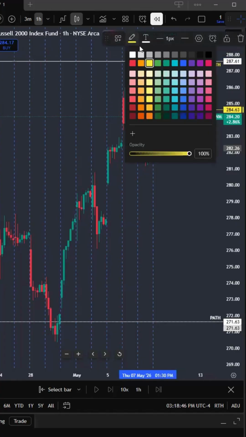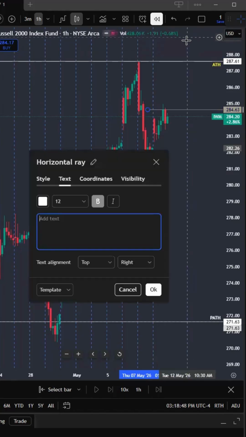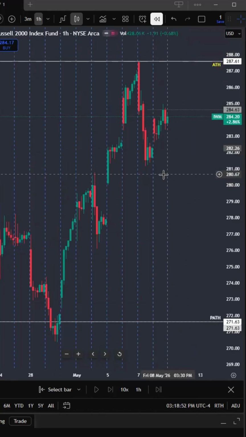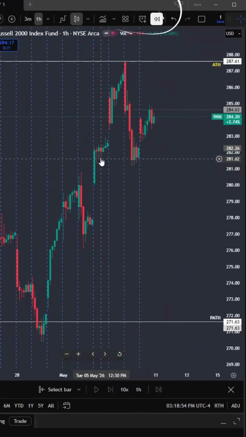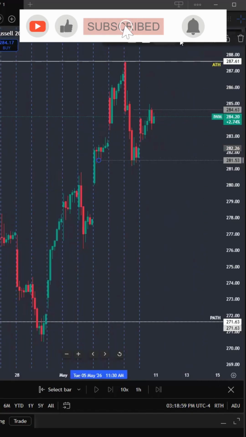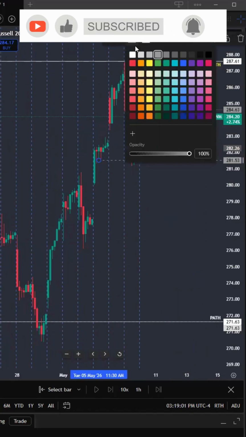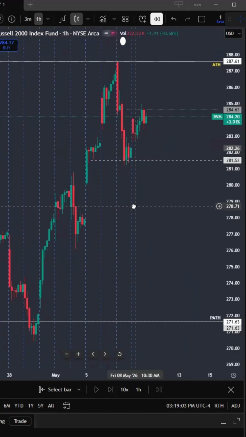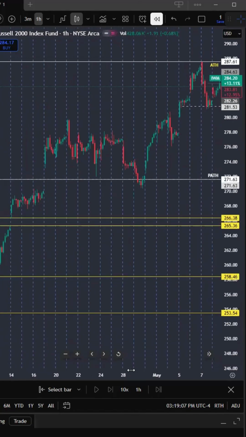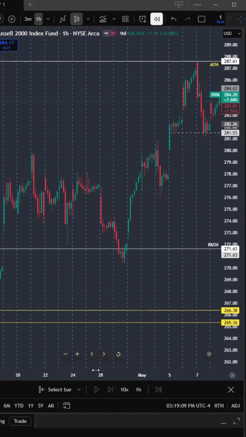I could put a minor level here. Put a level here. Let's show a little more chart so it's easier to identify here.